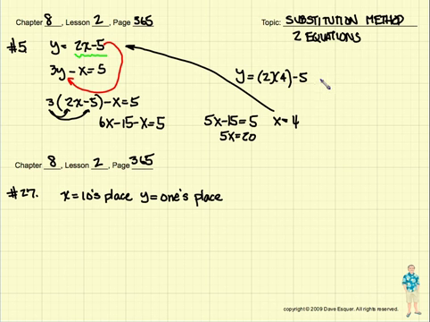So 2 times 4 is 8, 8 take away 5, y turns out to be 3. So the ordered pair that we found for the solution using substitution is x is 4 and y is 3. All we do is we substitute from one equation into another equation. Sometimes we have to multiply something on both sides, and we'll talk about that in just a sec.